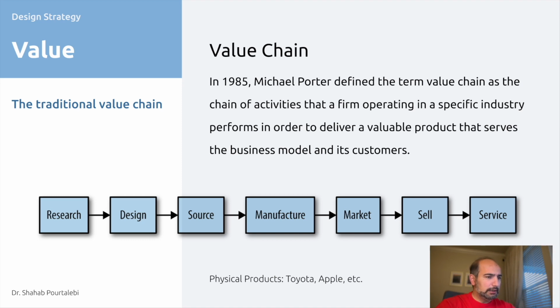So the goal here is that in each step of this chain of activities, a company tries to create some value for the user and to reduce the cost of the product.